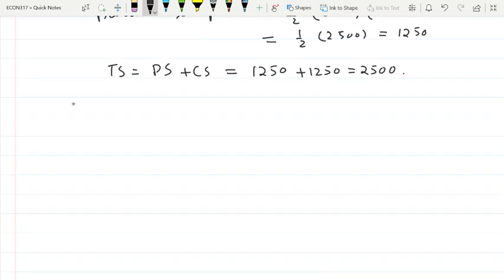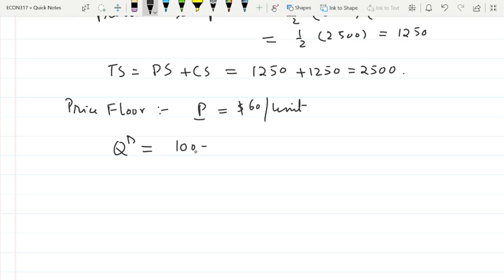Now we would like to look at price floor. In order for price floor to be effective, it must be greater than the equilibrium price. So let's have a price floor of $60 per unit, and we would like to find out the quantity demanded given the price floor.